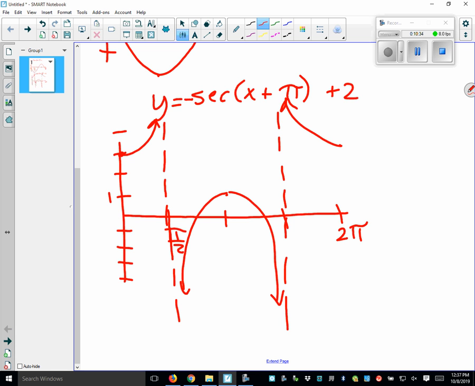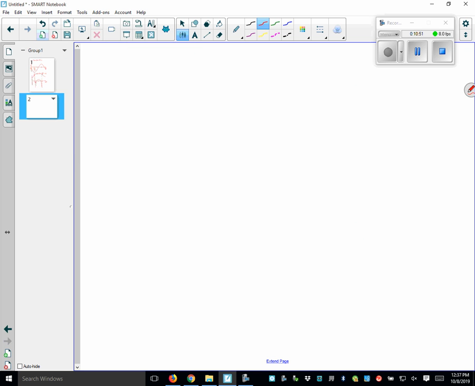Now the directions say find the exact values, which means a calculator doesn't help, right? You agree? Okay. Find the exact value of this.